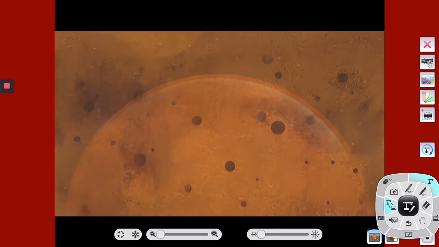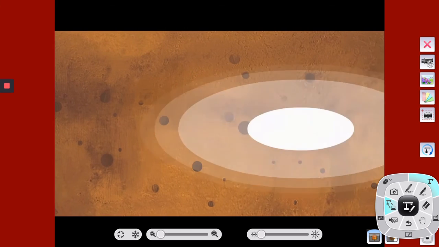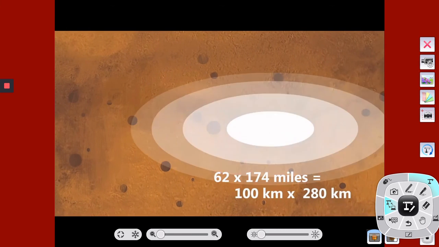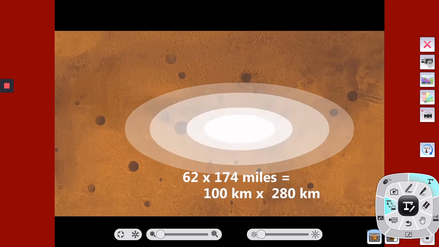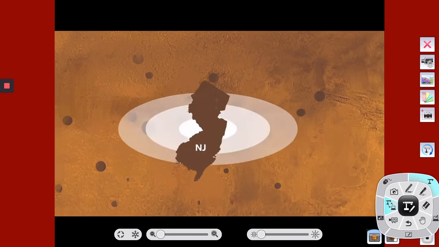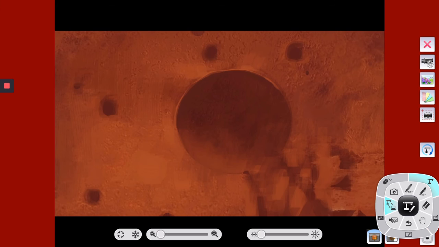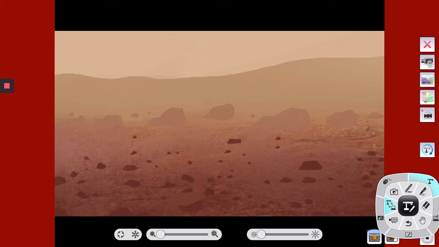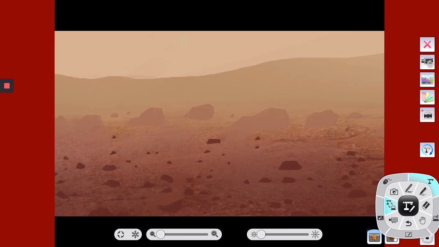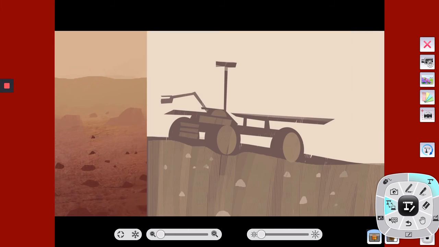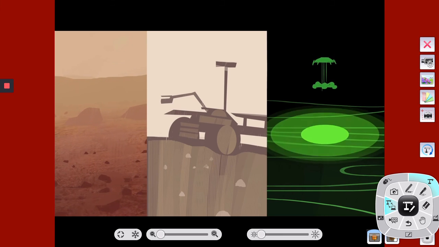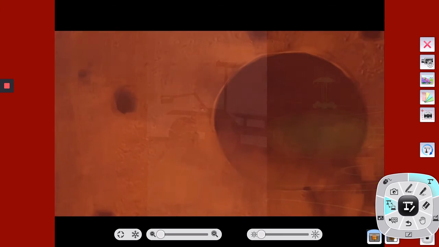In 1976, the landing ellipse for the Mars Viking lander was 62 by 174 miles, nearly the area of New Jersey. With such a limitation, NASA had to ignore many interesting but risky landing areas. Since then, new information about the Martian atmosphere, improved spacecraft technology, and more powerful computer simulations have drastically reduced uncertainty.